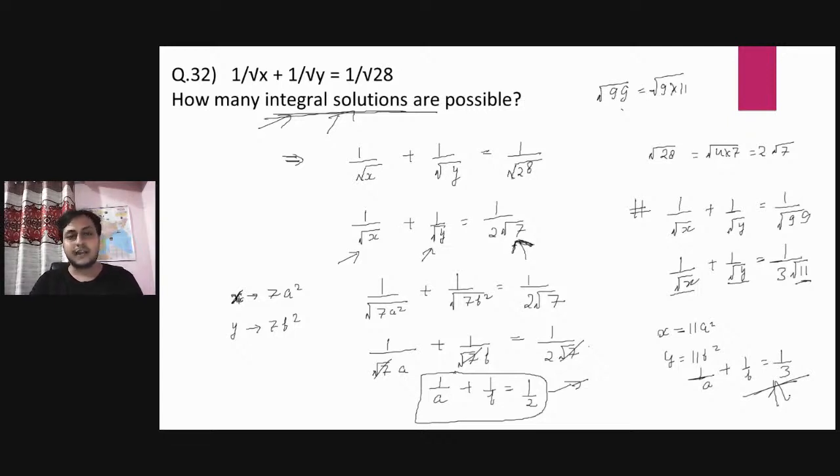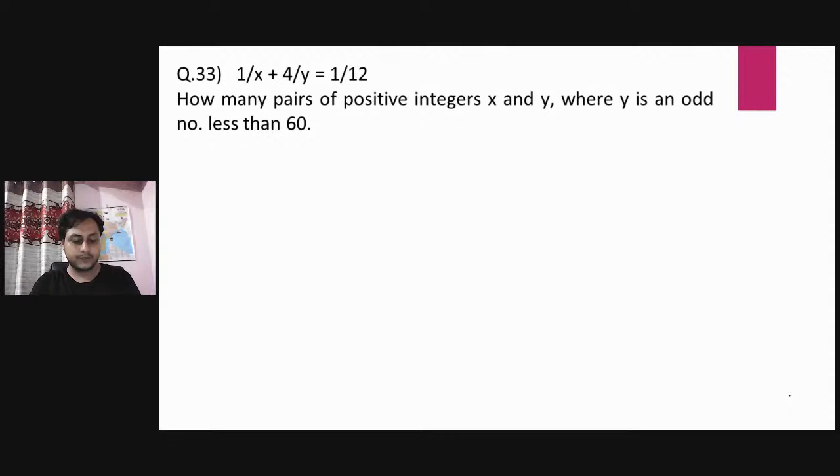So these are some varieties of special equation questions. This is the last question of this video. The question is 1 by x plus 4 by y equals 1 by 12.